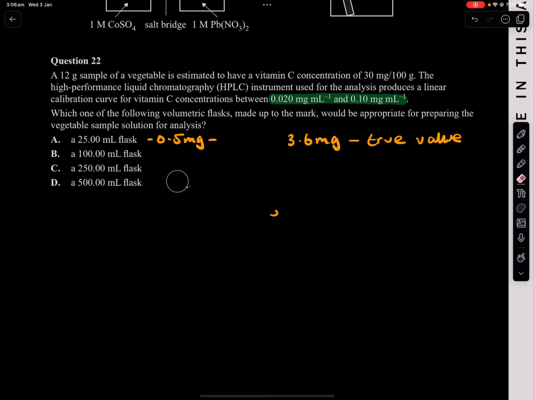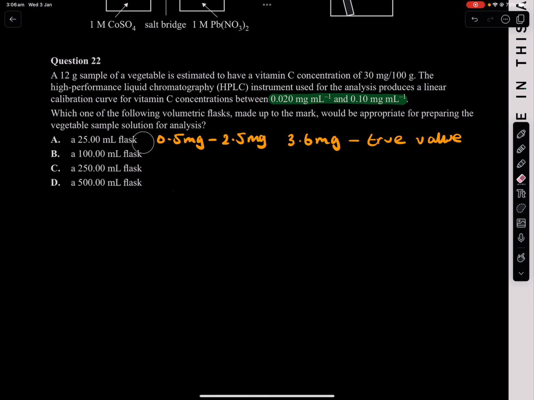We do the same for the other one, 0.10 milligrams per milliliter, and remember we're using 25 milliliters, so it'll be 25 times 0.1, and that gives me 2.5. So this is the range.